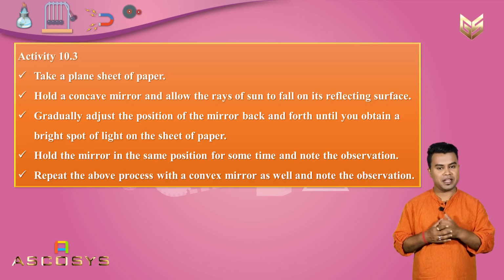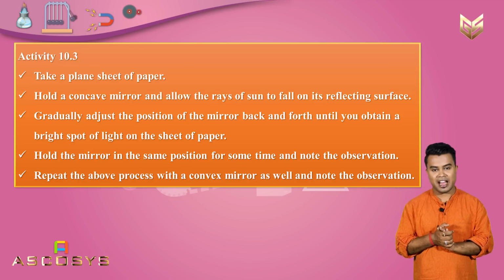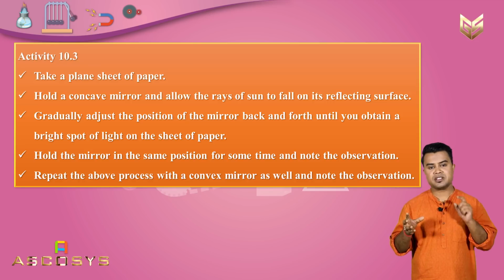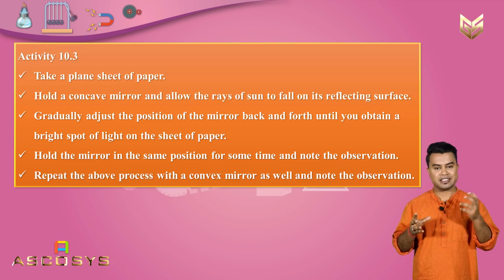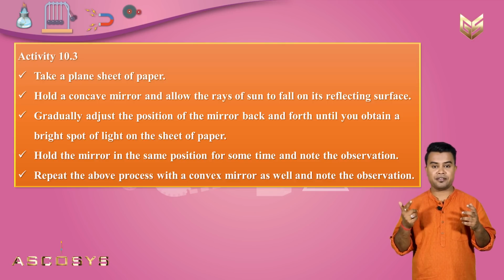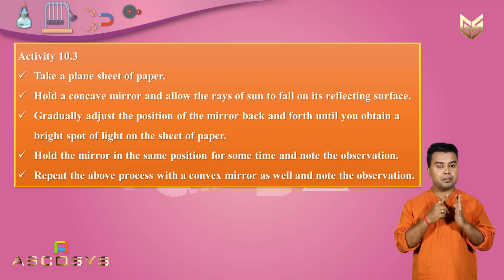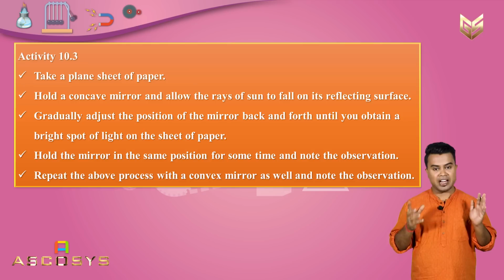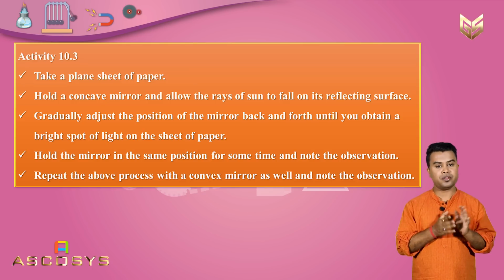Now, let me give you another task. Take a plain sheet of paper and a concave and a convex mirror. First, take the concave mirror and allow sunlight to fall on it, that is the sun rays. As soon as the sun rays fall, try to get the reflected ray on the white sheet which you have taken, and try to get a bright point on the page.